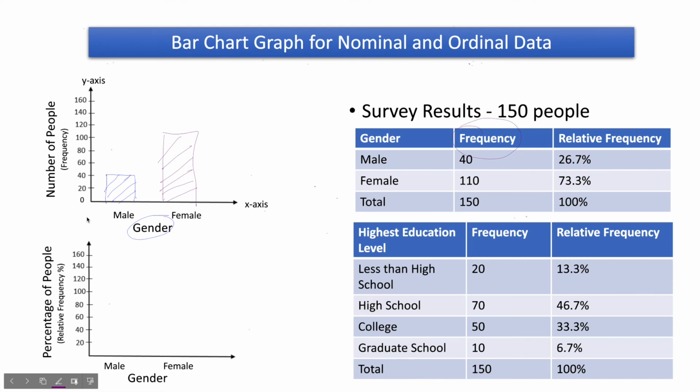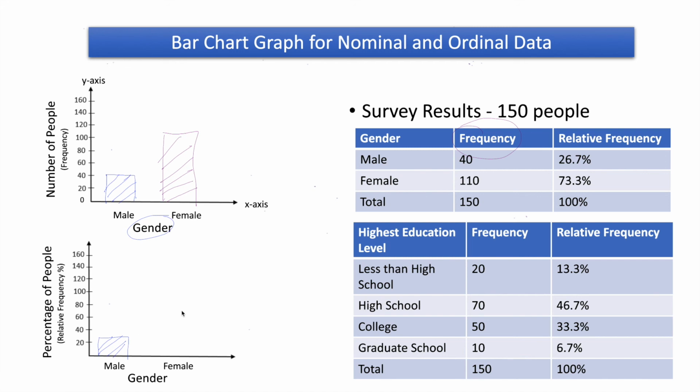Now, let us plot the relative frequency. So we see for our relative frequency is 26.7%, and that will be somewhere around here or so. Male. And for female, we have 73.3%.